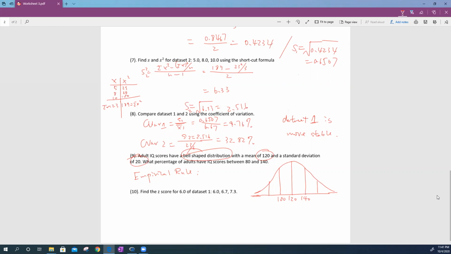So that gives us 80 and 160. So one more, that's 180, and that's 60. And then we want to know the area between 80 to 140. So that is this shaded area.